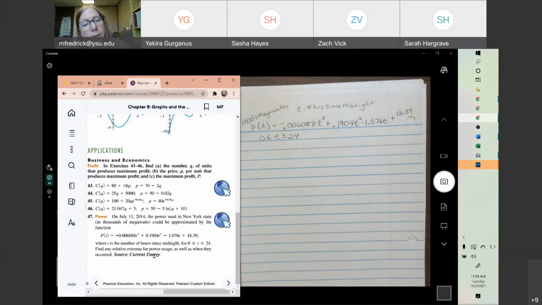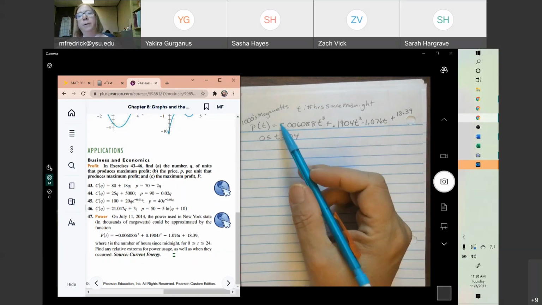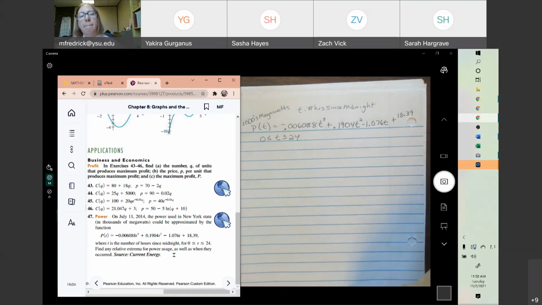Find any relative extrema for the power usage as well as when they occurred. So they want us to find the max and the min in the first 24 hours. First thing, find your critical numbers. To find the critical numbers, take the derivative, set it equal to 0.